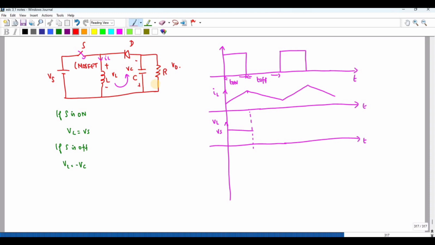So I am getting an inverted output. The diode is short circuit, so the voltage across VC is minus of VL. So VL is equal to minus VC when the switch is open.